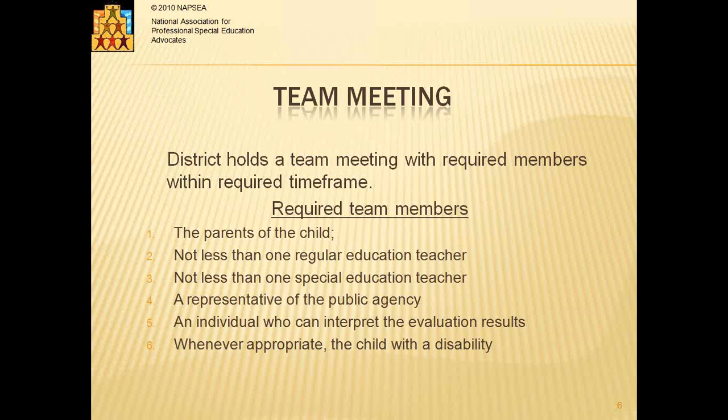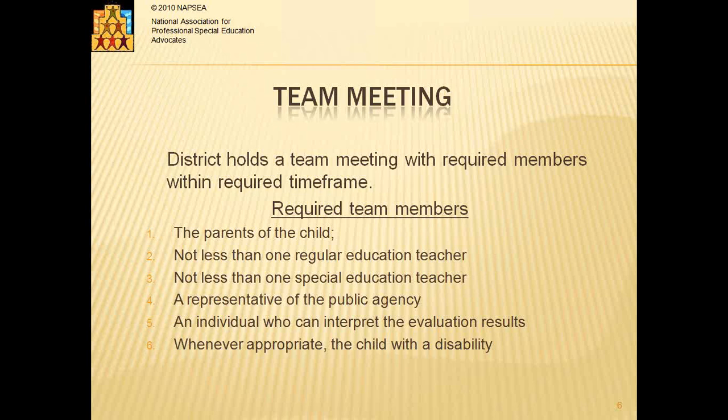Not less than 1 regular education teacher, not less than 1 special education teacher, and a representative of the public agency who can commit resources and make decisions for the school district. This is usually a special ed director or a special ed liaison or a school psychologist or a team chairperson, something like that. And an individual who can interpret the evaluation results, somebody who can read the report and tell you what it means.